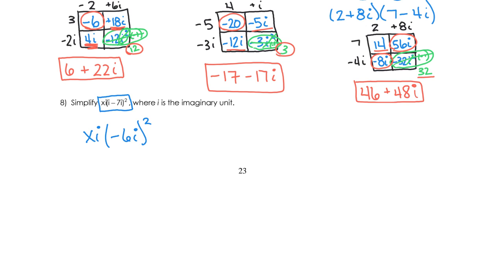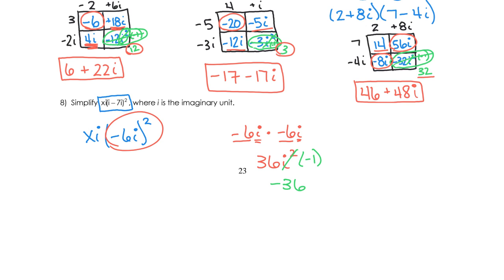Okay. When we square negative 6i, all that means is negative 6i times itself, negative 6i. Okay. Negative 6 times negative 6 is positive 36, and i times i is i squared. Okay. Except i squared, we know from up above that we turn i squareds in for negative ones, and 36 times negative 1 is negative 36.